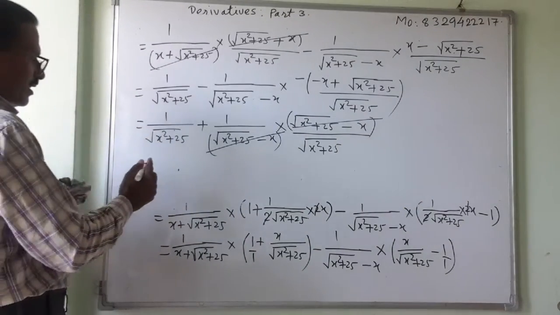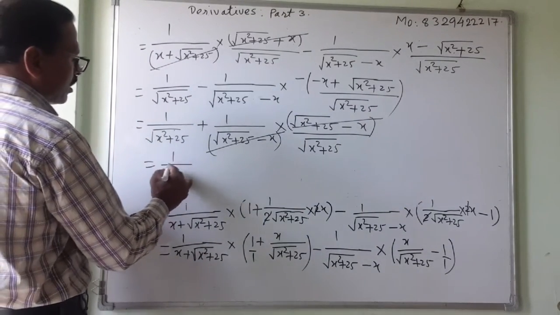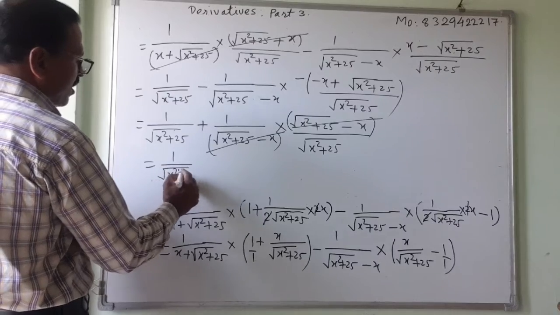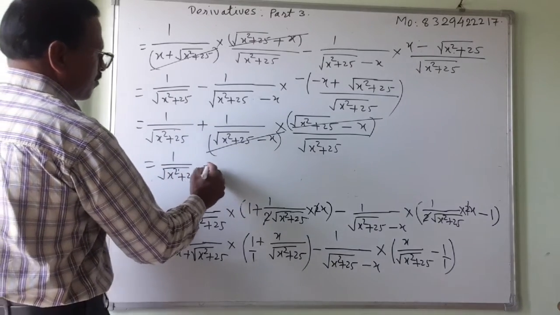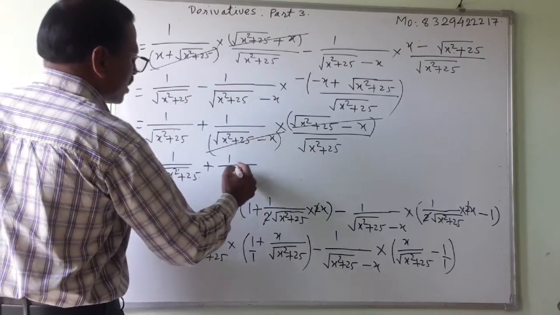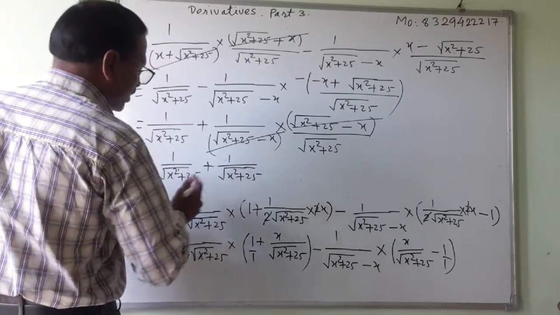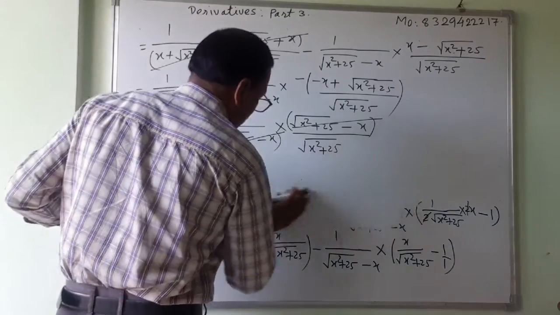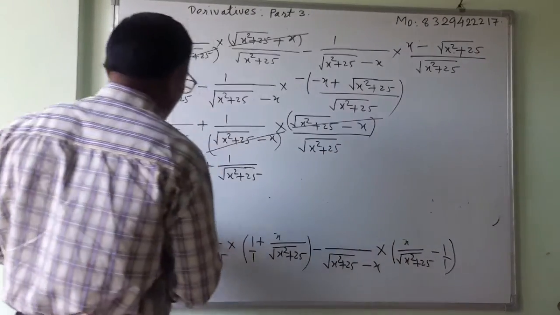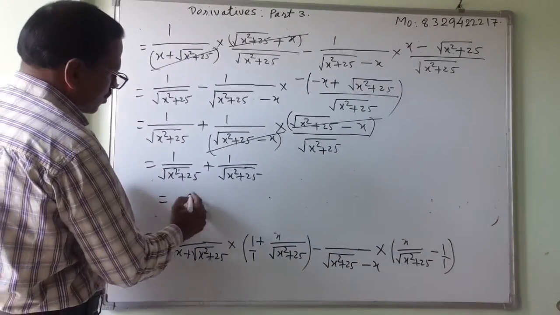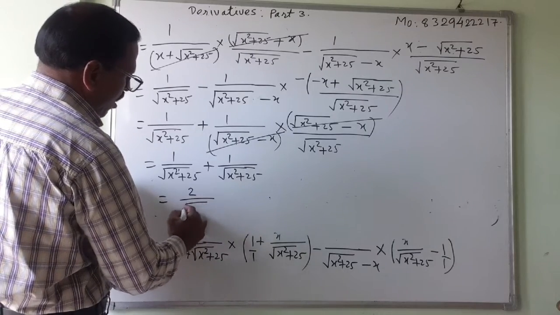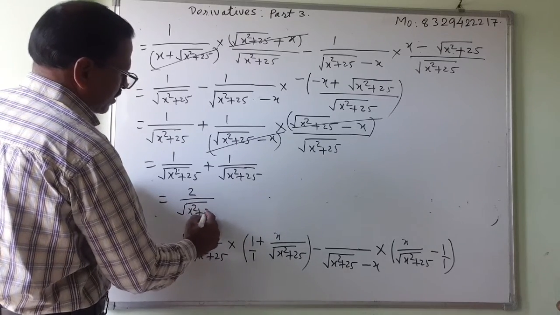So what is remaining is 1 upon under root x square plus 25 plus here also 1 upon under root of x square plus 25. Denominator is same. Therefore 1 plus 1 is 2. 2 upon under root of x square plus 25.